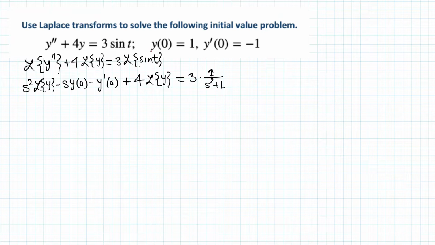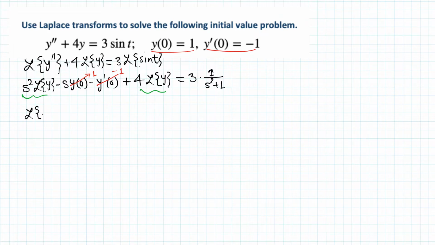Now let's use these two initial values. Y at 0 is 1, so this value is 1. And y prime at 0 is negative 1, so this is negative 1. And as usual, we can factor Laplace of y from both terms.